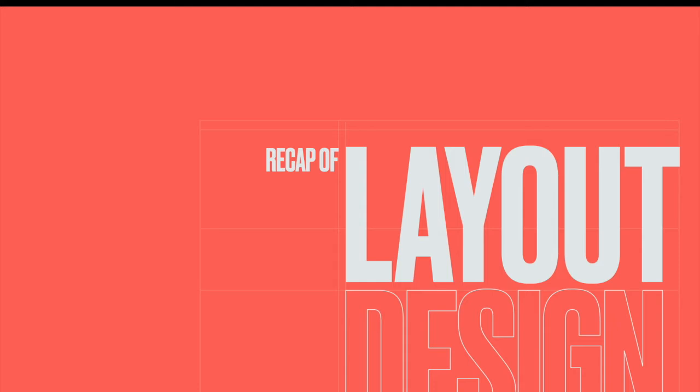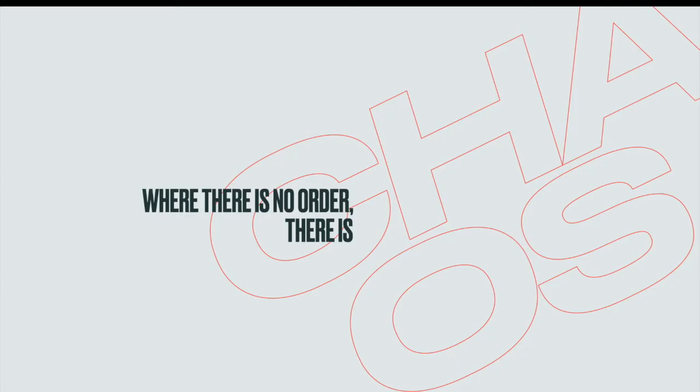Before I begin to do a recap on layout design, I think it's incredibly important to keep in mind that actually the term layout design doesn't exist. It depends what you're designing for.